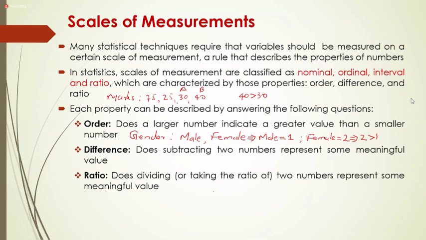Now we're looking at another property, difference. How can we identify whether the difference property is valid for a particular measurement? We have to ask the question, does subtracting two numbers represent some meaningful value?